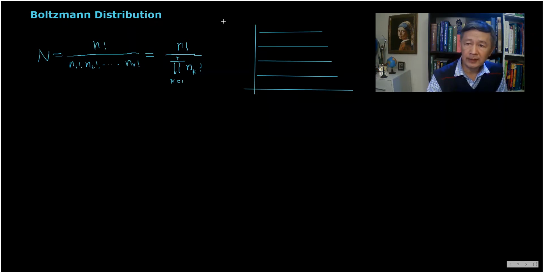If I label this vertical axis as energy, the energy levels run from 1, 2, 3, and so on until you get R, so you have R subgroups. And then we place these identical particles in each of them. Of course, there is more than one way to do so. Here I just draw one of them.